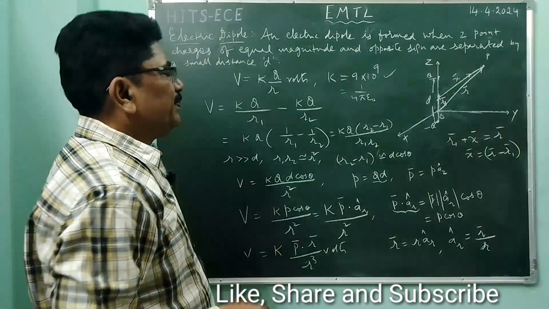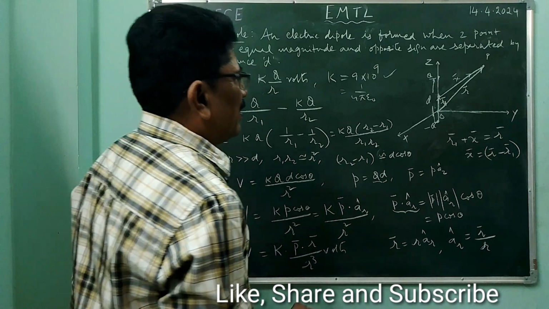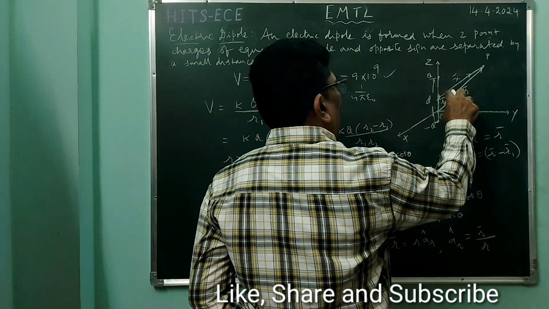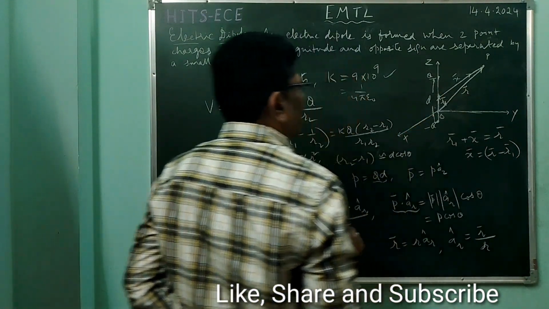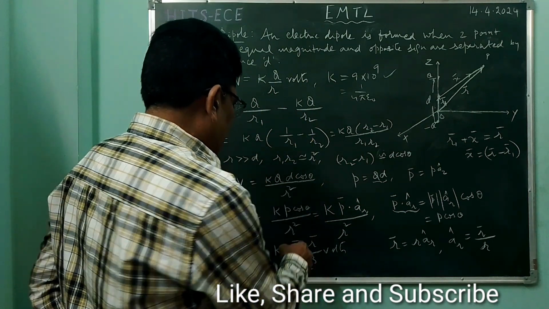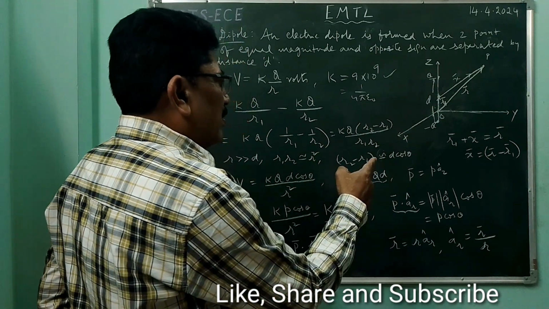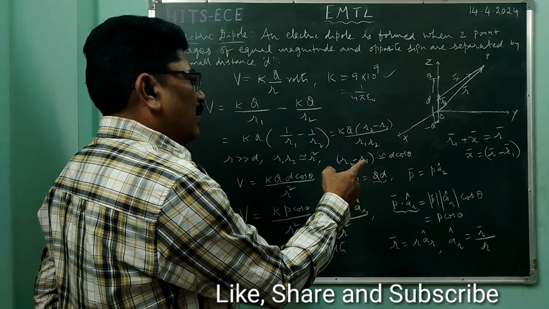When the center is not at the origin, it is away from the origin by R1 along the Z axis, in the upward direction. So in place of R, we can write R minus R1.